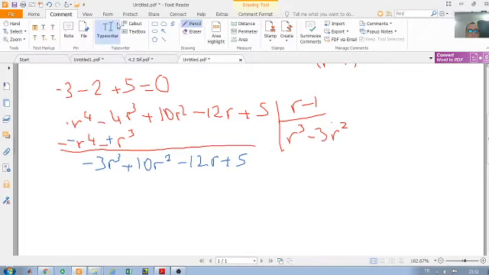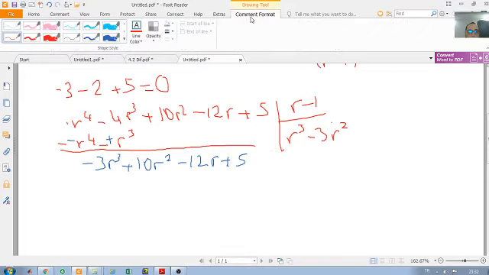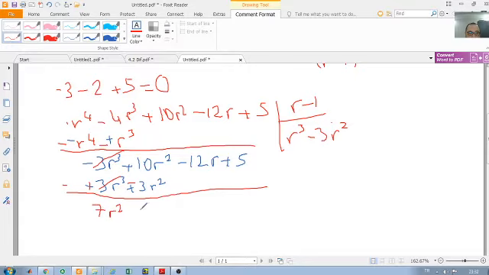Therefore we have minus 3 r cube plus 3 r squared, and when we apply the subtraction, we have plus here, this one becomes minus, they are gone, and here we have 7 times r squared minus 12r plus 5.